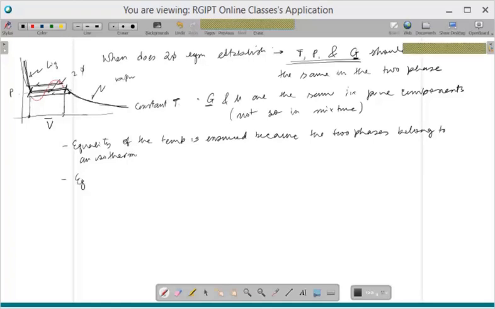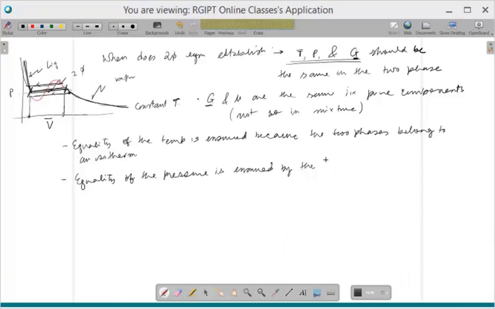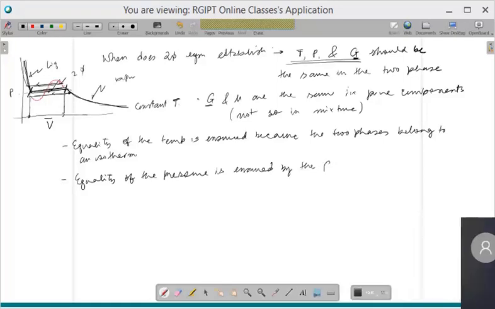Second, equality of pressure is ensured by this idea that this line is horizontal, by the design or by the fact that the two phases lie on the horizontal line.